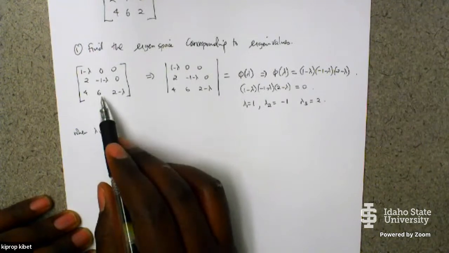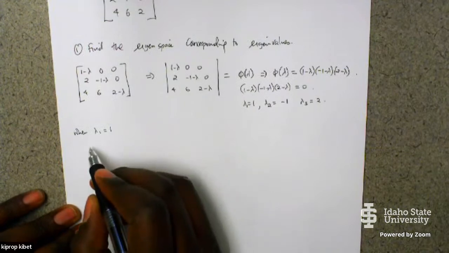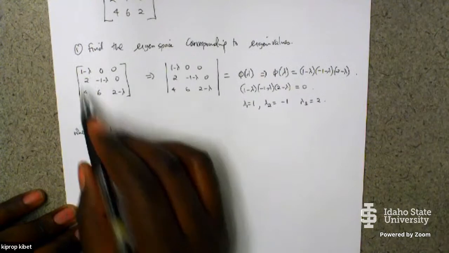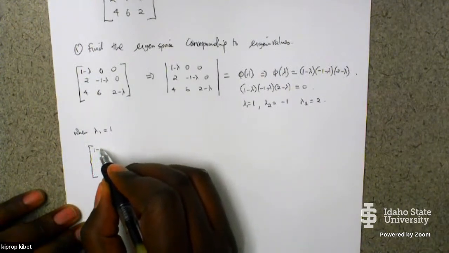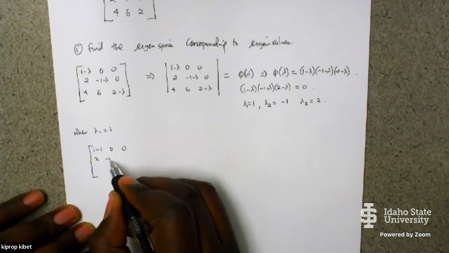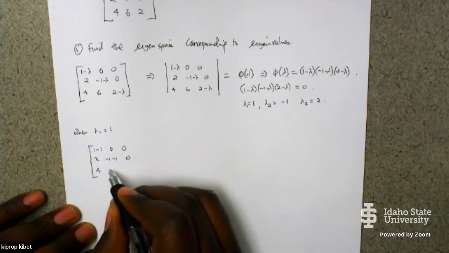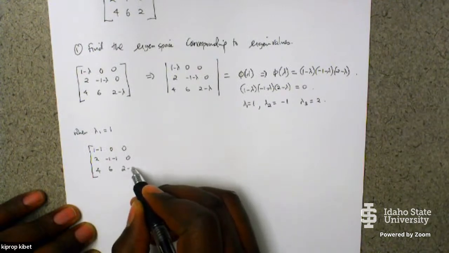We replace where there is lambda with 1, so we get 1 minus 1, 0, 0; 2, minus 1 minus 1, 0; 4, 6, 2 minus 1.